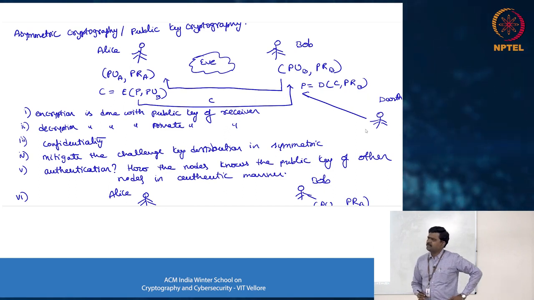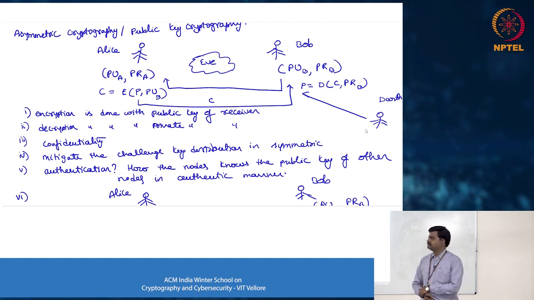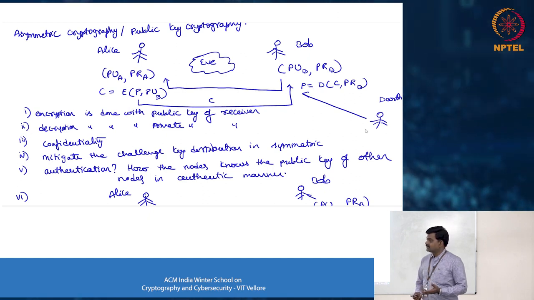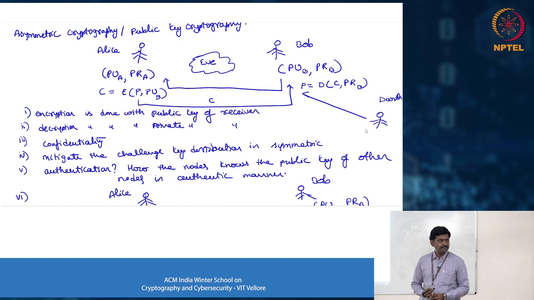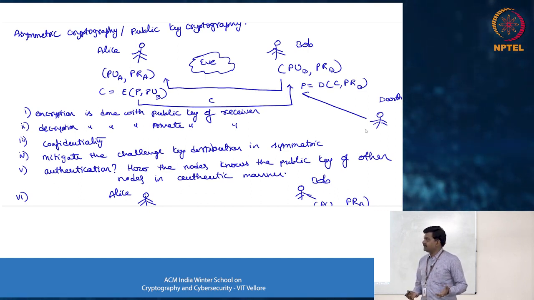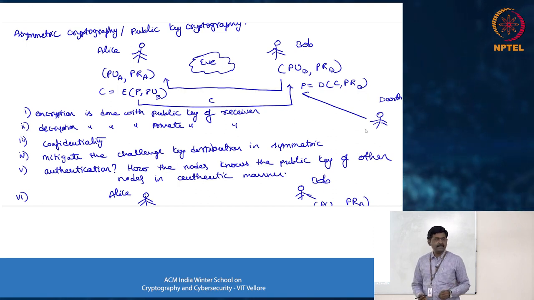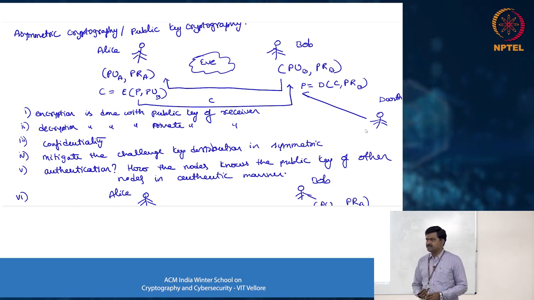Now, how does Bob know who sent this message, whether Alice or Darth? Is there any way for Bob to verify it? Anybody can encrypt with the public key of Bob, and decryption is done by Bob, but Bob does not know who actually sent this message.